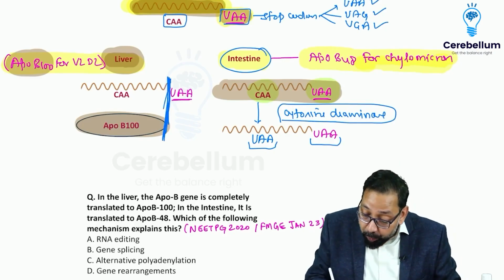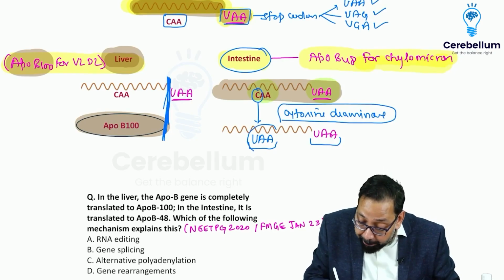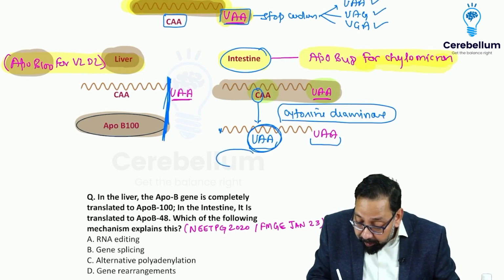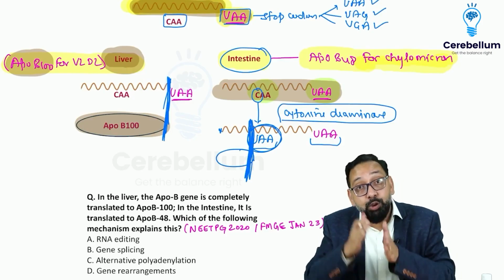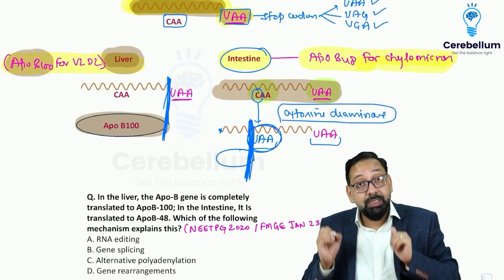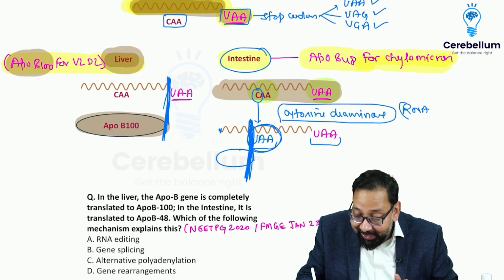But due to this modification, cytosine to uracil, the stop codon appeared early. When this messenger RNA takes part in protein synthesis, it will stop at this point because the stop codon comes earlier by this conversion of cytosine to uracil. And this step is called RNA editing.